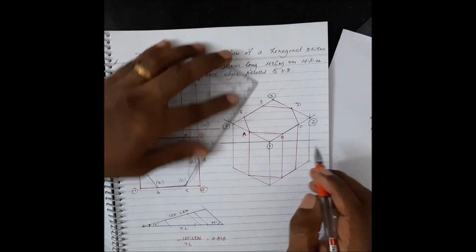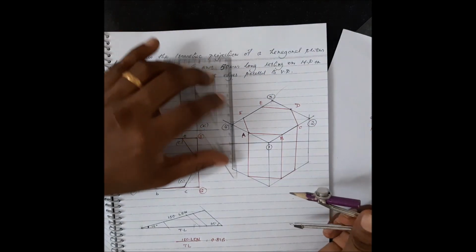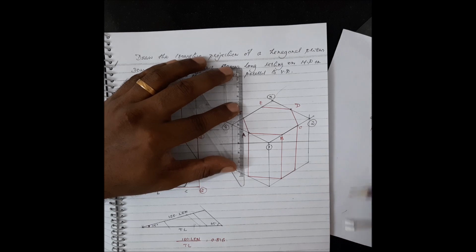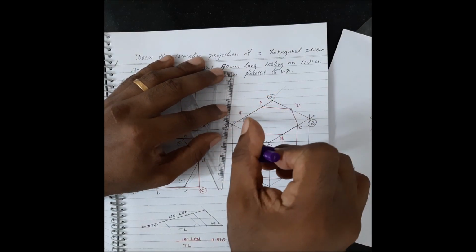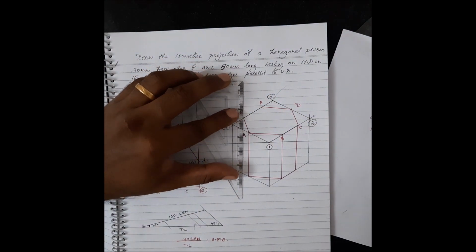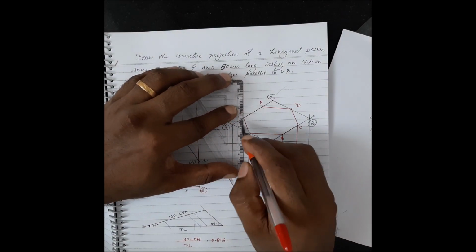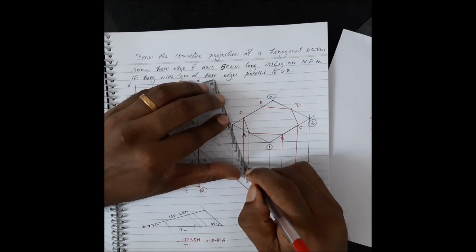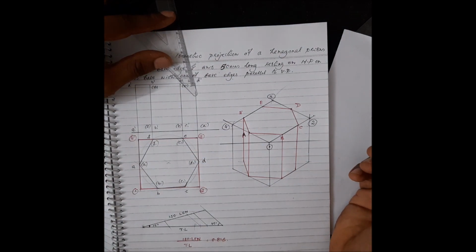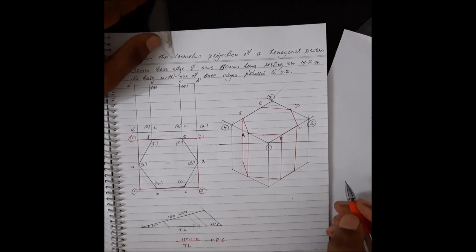Oh, I just missed one. To complete that, if you draw a line from F, it should come somewhere here. So I'm going to take this distance, offset it to this side, and from F also draw a line till I get to this point. Okay, that's my hexagonal prism isometric projection.